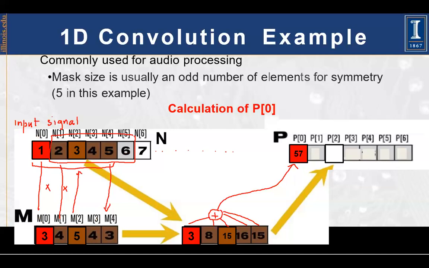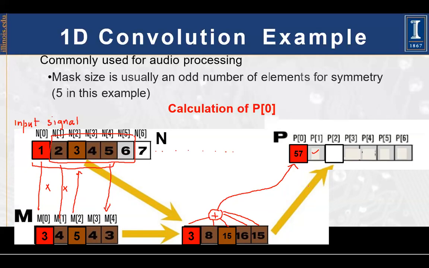Then I carry out the product, 2 into 3, 3 into 4, 4 into 5, 5 into 4, and 6 into 3. Then sum all these numbers, and whatever I get, I will put it here. So can you see?